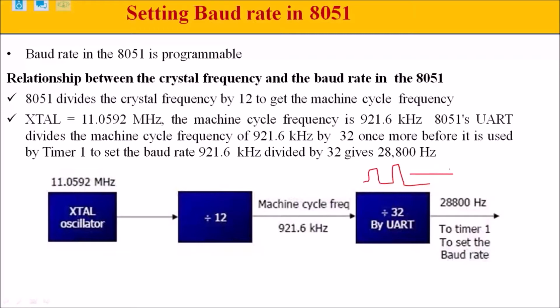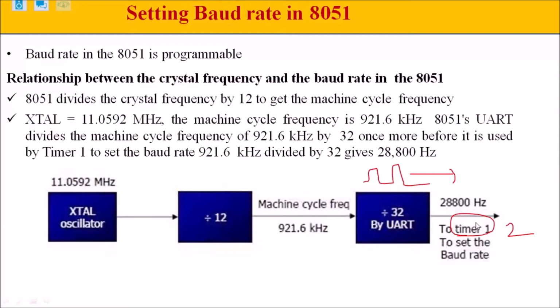This clock for the UART block is generated by timer 1 in mode 2, that is auto reload mode. In this mode it works continuously, with no need to load data in the count register again and again. It automatically works continuously.